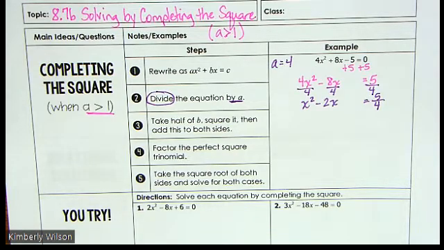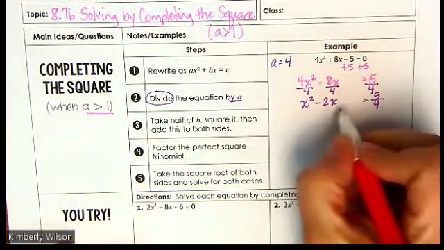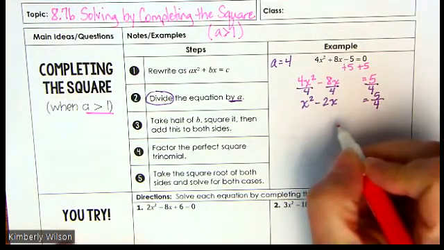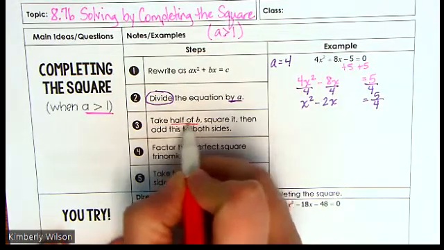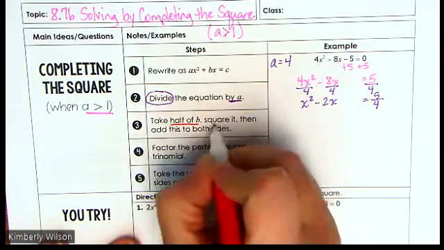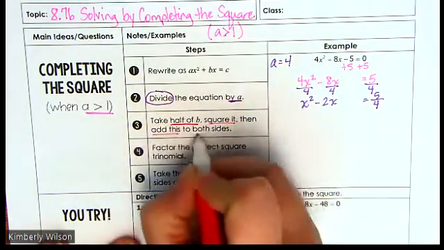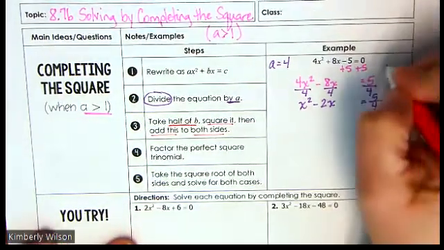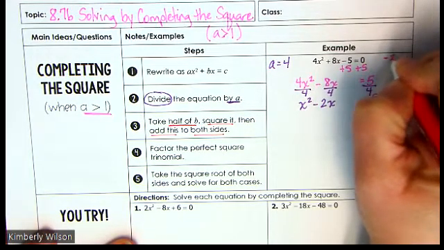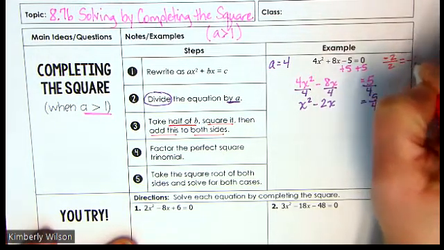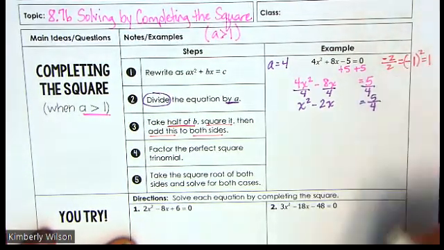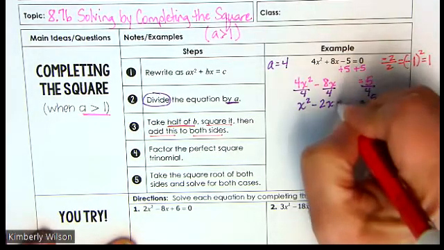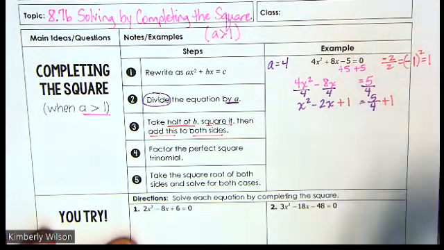Next step. Now I take half of b, like we were doing, this is the completing the square part, square it, then add to both sides. So I'm taking -2, divide by 2, that gives me -1, square it, and it equals 1. So I'm going to add 1 to both sides.